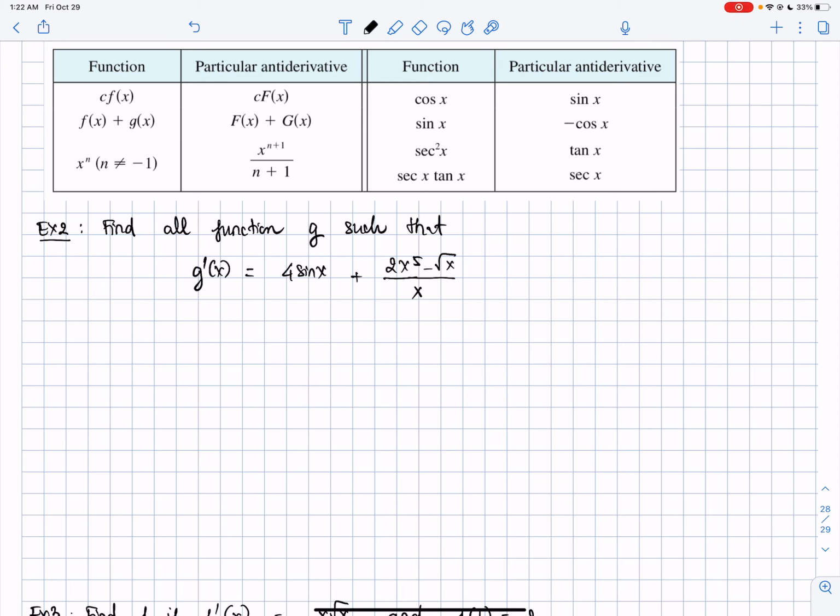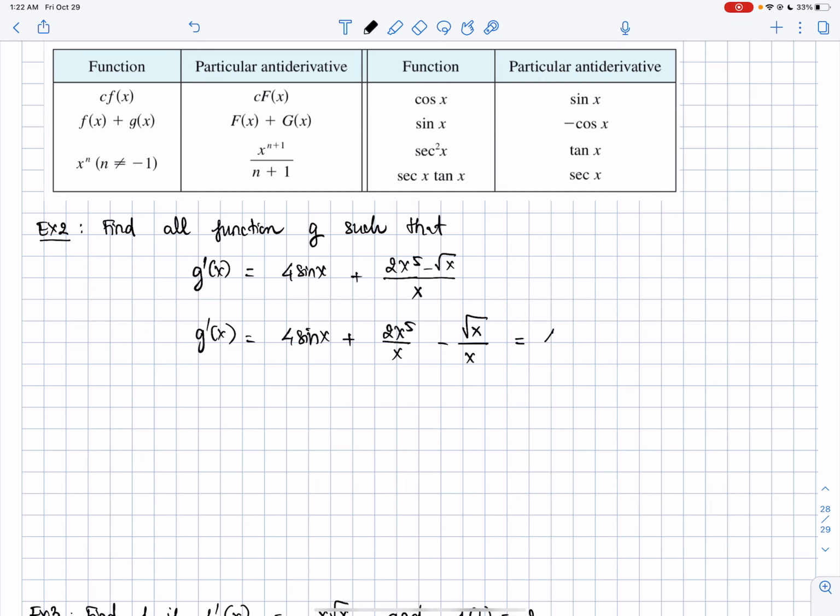This kind of problem is just like going in the opposite direction of what we learned before, right? Before that, I will rewrite the function g prime of x. I will split it into 2x to the 5th divided by x and square root of x divided by x.